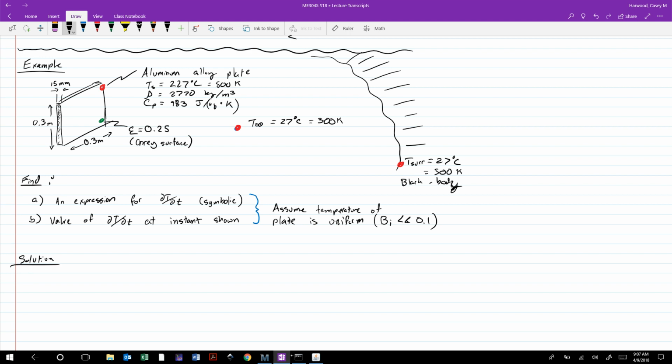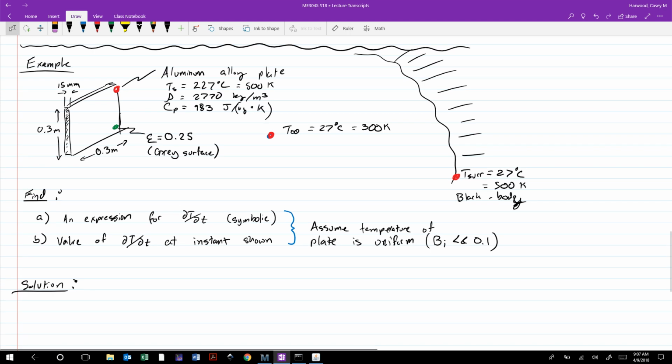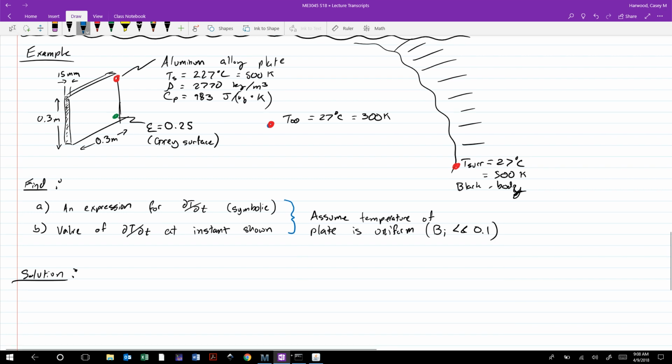So, to kick things off, as always with problems that involve multiple mechanisms of heat transfer, I recommend drawing an energy balance on a control volume. This one's going to be pretty simple. Say here's our plate, the edge of our plate.